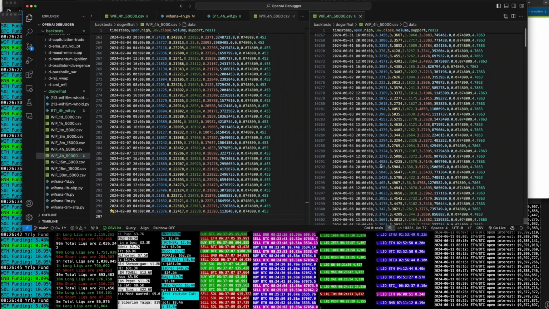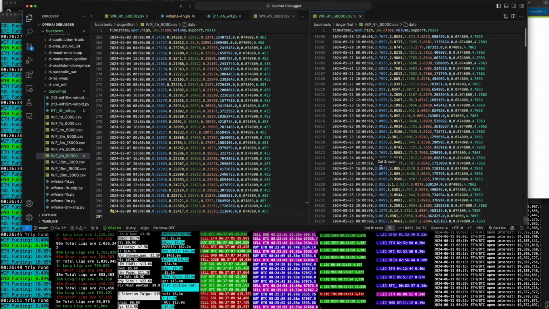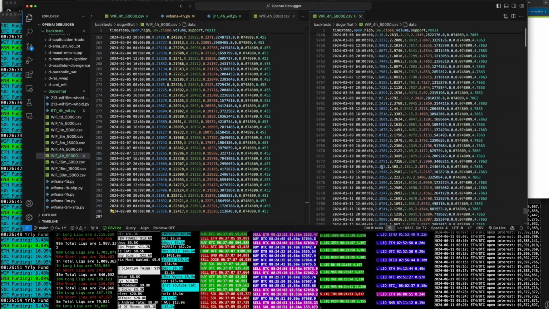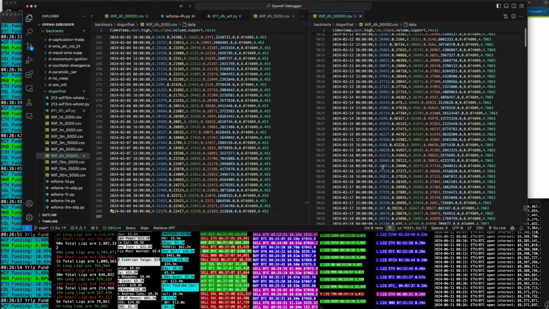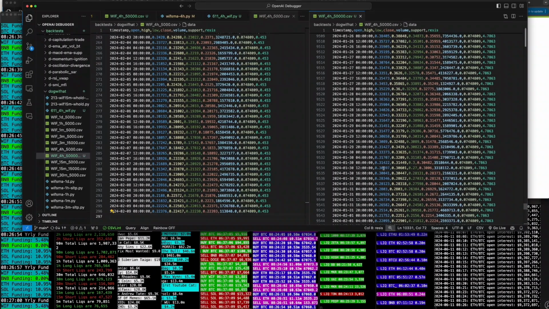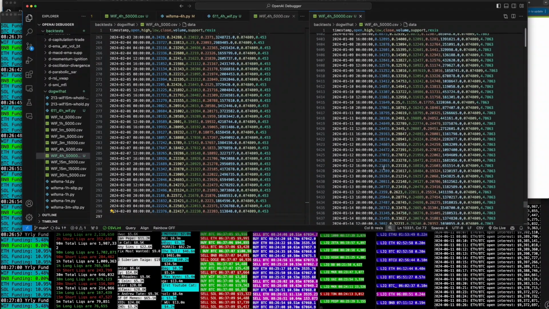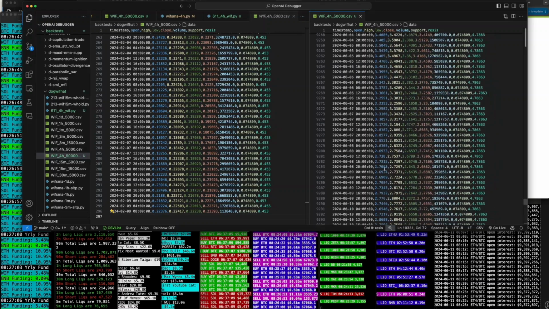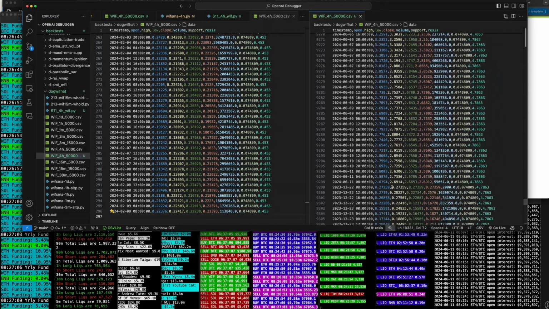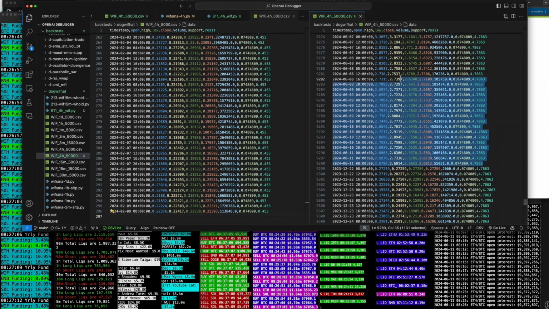Is this maybe duplicating them? Because this is 10,000 lines. Yeah, this is duplicating them. Got it. See that? Look, it duplicated it.